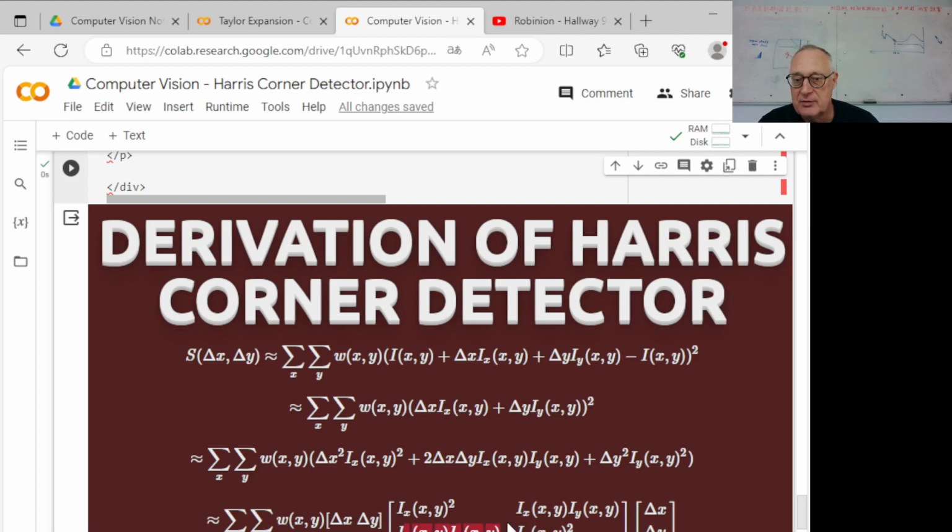So those two terms are the same, and then multiply that by delta x, delta y. If you actually expand this matrix equation, you end up with exactly this one here, right? Because you get delta x multiplied by Ix squared, Iy squared plus delta y multiplied by this term, and then that multiplied with delta x gets you the delta x squared, Ix Iy squared, and the two cross components.